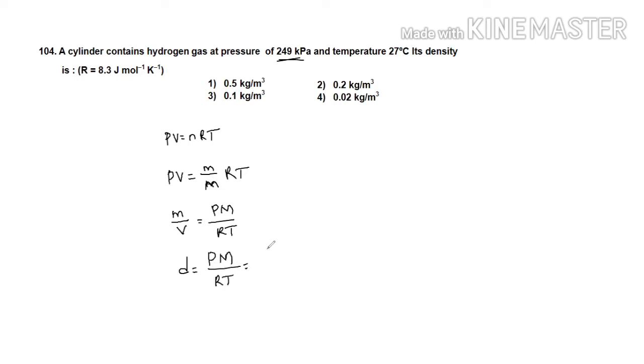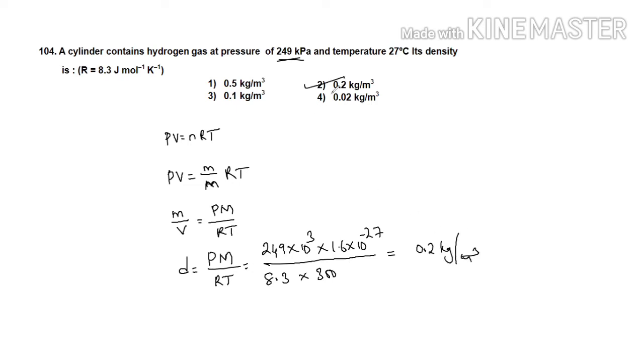So the given values: 249 into 10 raised to 3, and mass 1.6 into 10 raised to minus 27 for hydrogen atom, and R value it is given as 8.3, and the temperature in Kelvin it is 300. So if you simplify, you will get it as 0.2 kg per meter cube. So it is option 2.